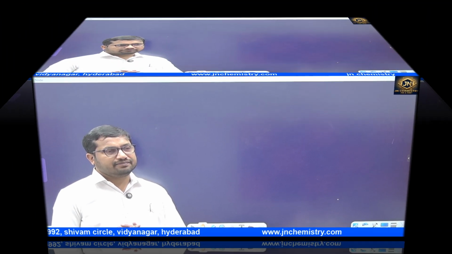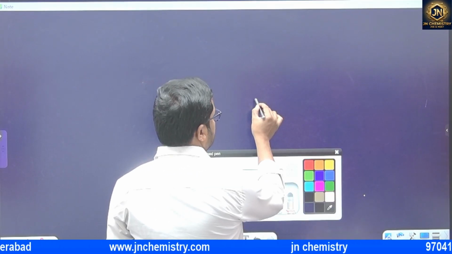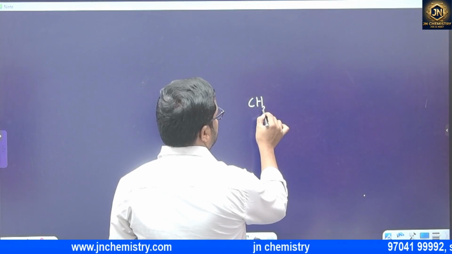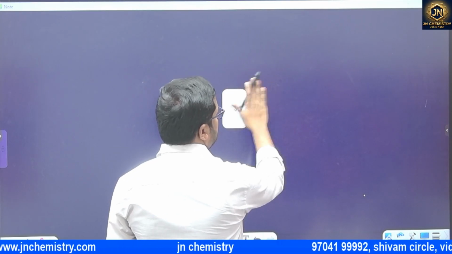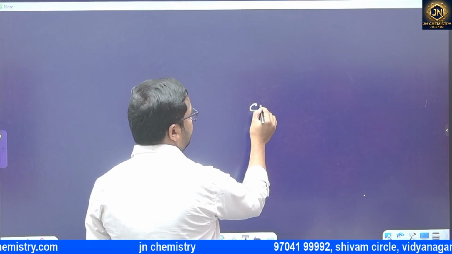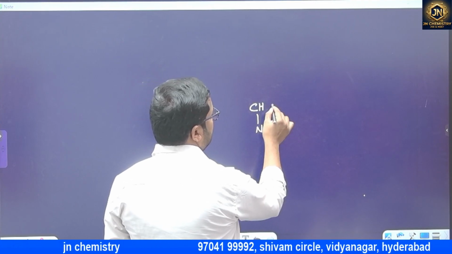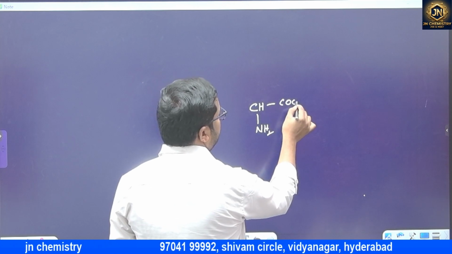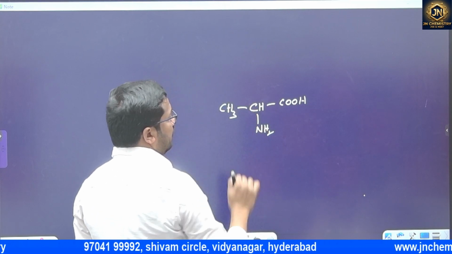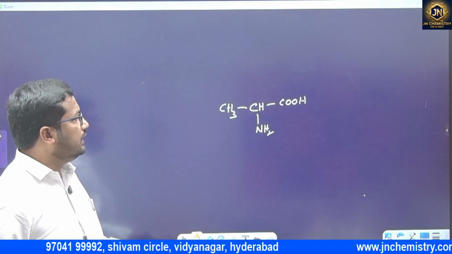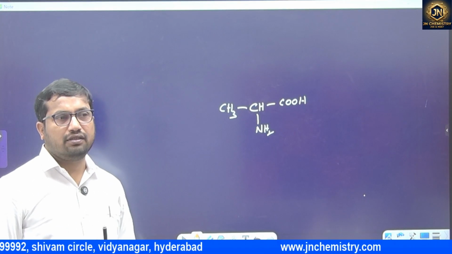For example, I will take alanine, CH3 CHNH2 COOH. Alanine is an amino acid. Whether this amino acid is optically active or not.